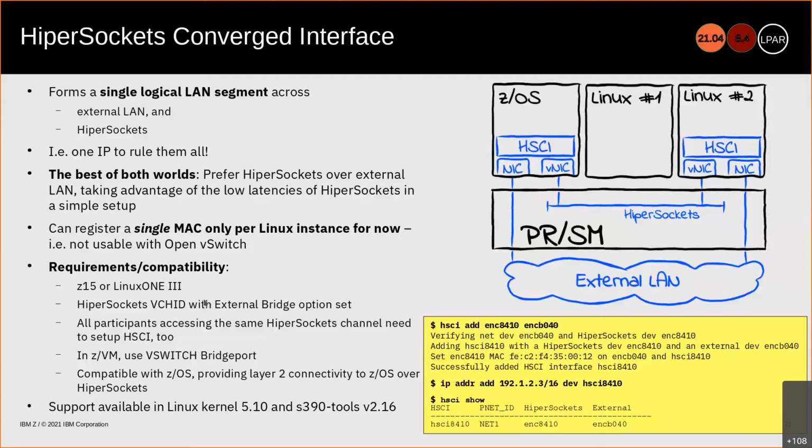Again, that requires IBM z15, that's what you need to be aware of, and we're shipping a respective update. Here's a small snippet of how to set it up, and it's of course compatible especially to z/OS.